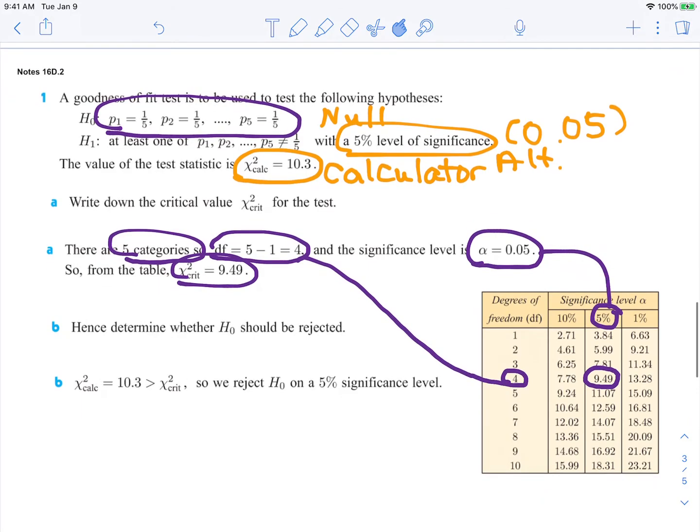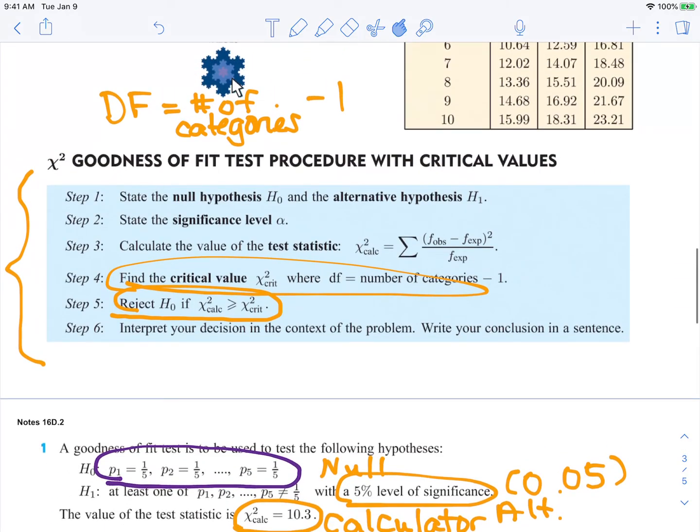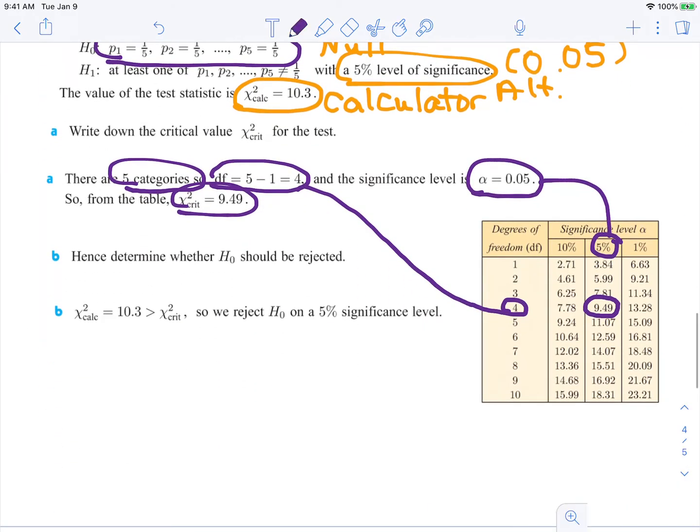Part B. We need to figure out, should we reject the null hypothesis? If we go back up to the top, we're looking for this rejection inequality. Is your chi-squared calculation from your calculator greater than your critical value from your chart? Your chi-squared calculation was 10.3. The critical value from the chart was 9.49.